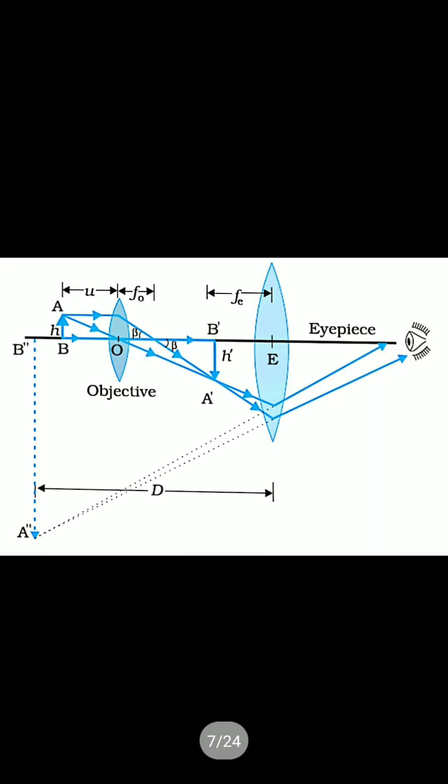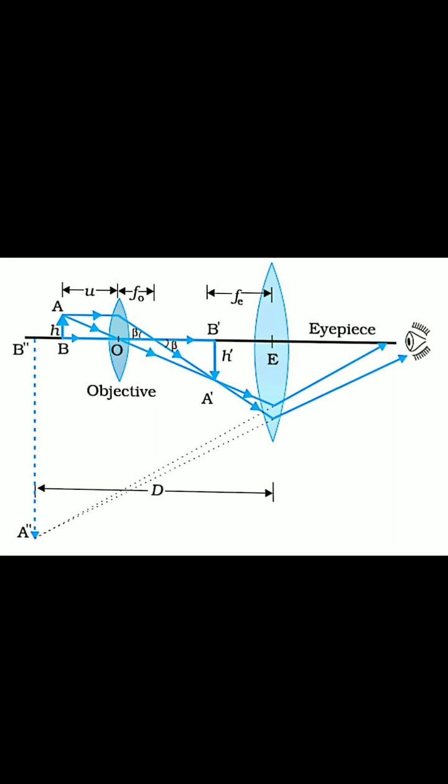This is a diagram where the image is formed at the least distance of distinct vision, that is at a distance of D. So here you see the first lens, which has a small aperture and small focal length, that is the objective lens, and the second lens, whose aperture is larger and focal length is greater than the objective focal length, that is the eyepiece, which is placed close to the viewer's eyes.